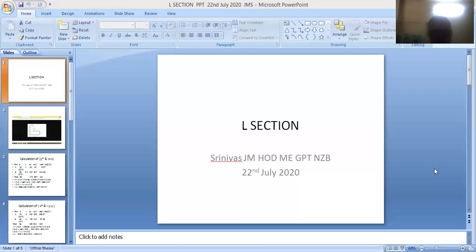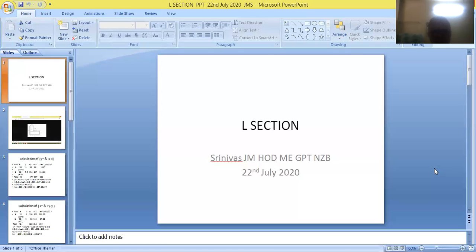Now X bar will indicate the horizontal distance from the axis, and Y bar is used for representing vertical distance from one axis.